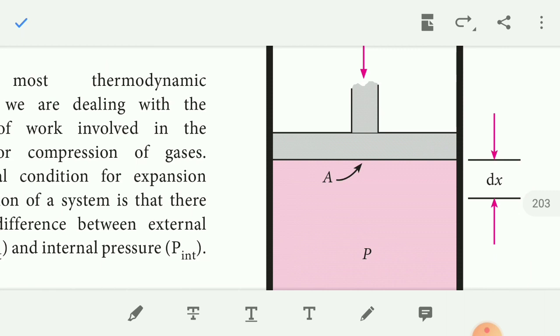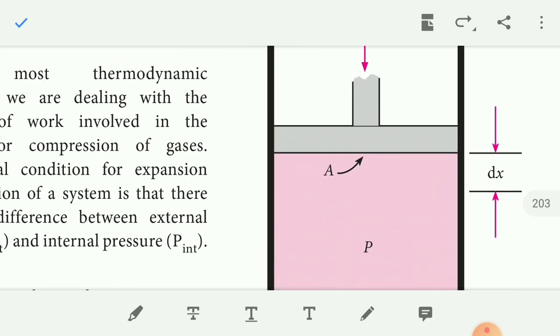If the external pressure P external is greater than the internal pressure, the piston moves inward till the pressure inside becomes equal to P external.